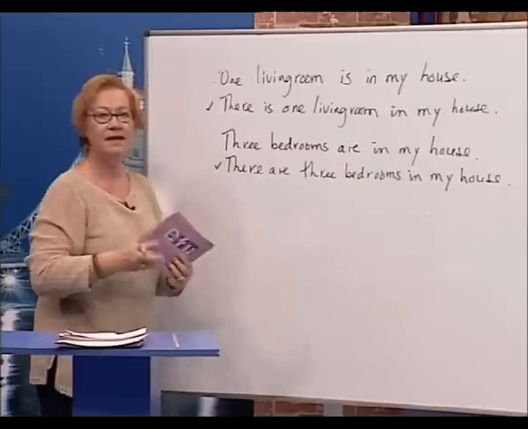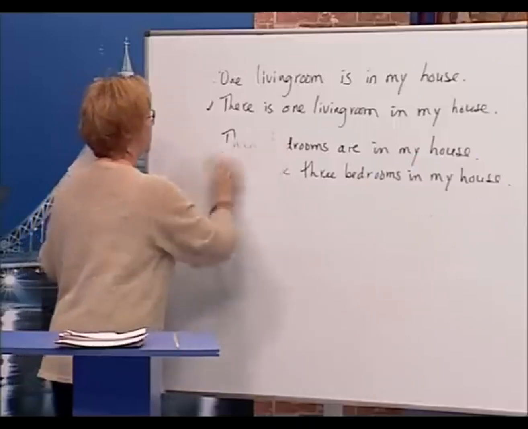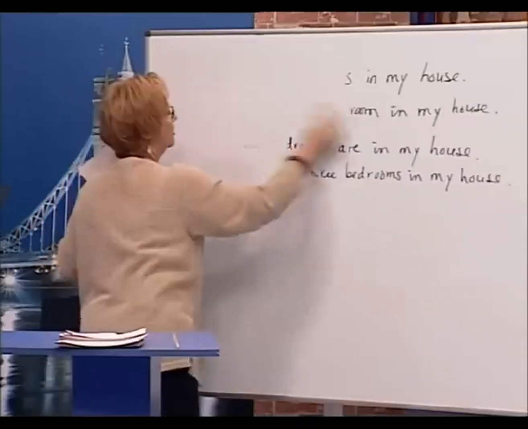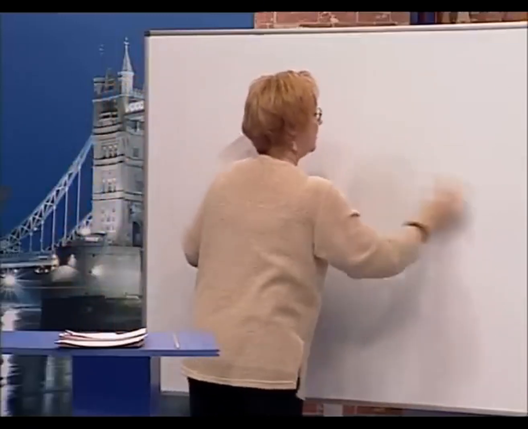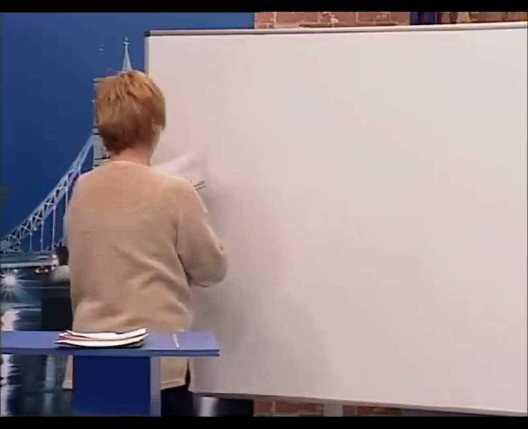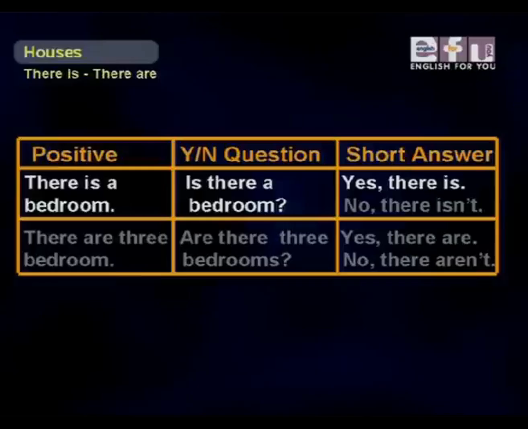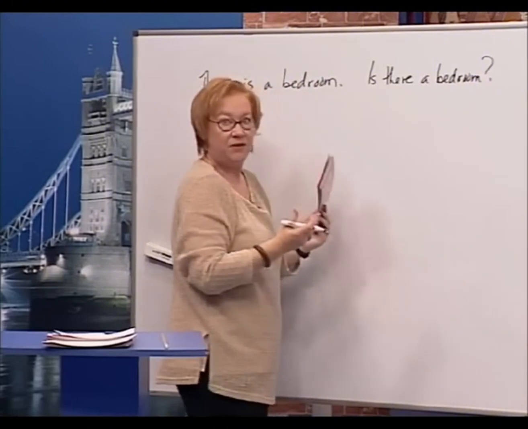Okay? Now, let me show you a chart, and you can see it on the screen also, with some statements and questions. Okay. There is a bedroom. Is there a bedroom?